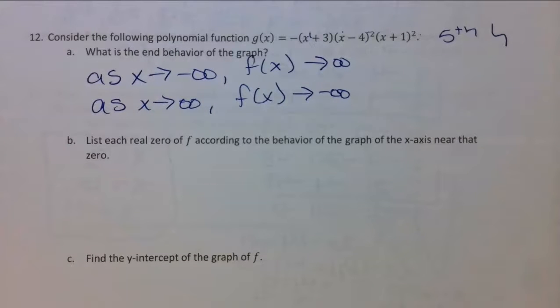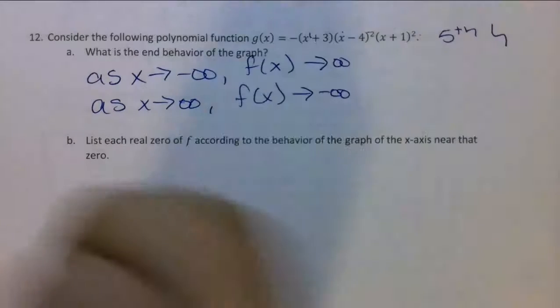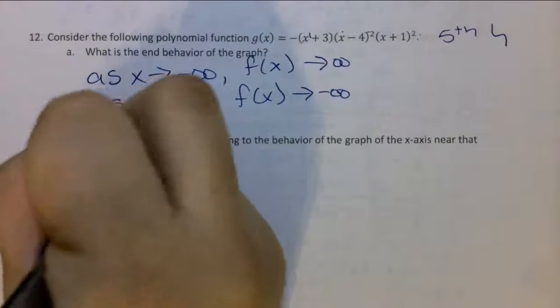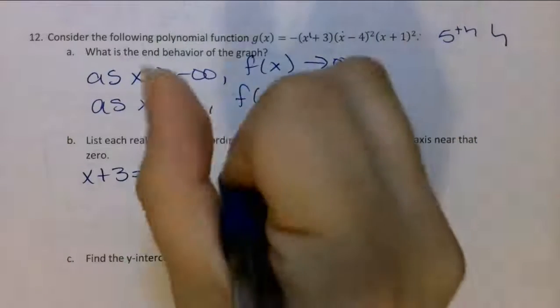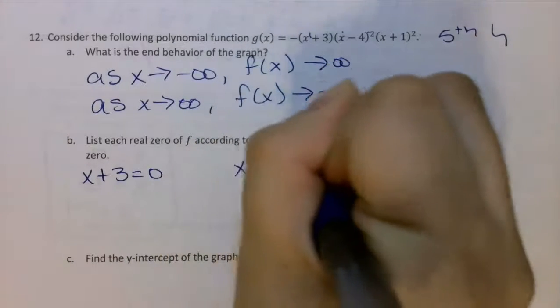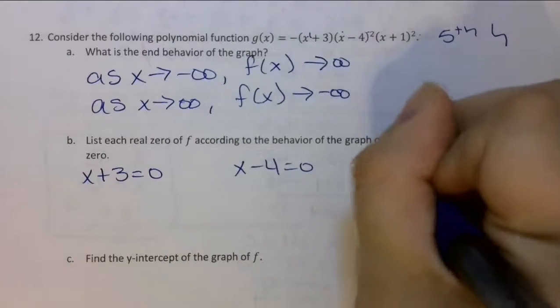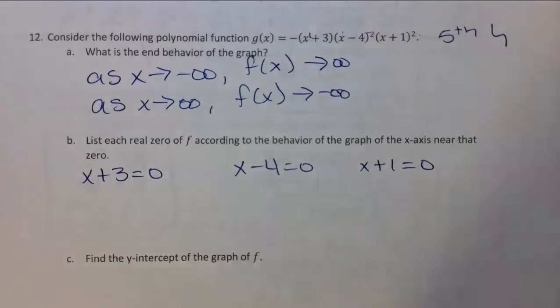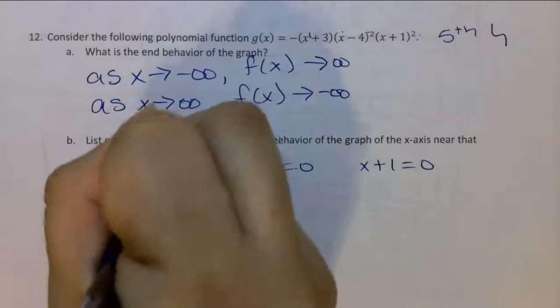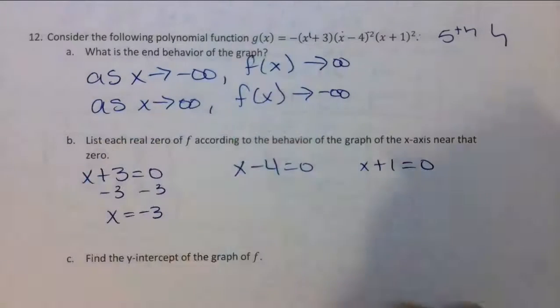It wants me to find each real zero and then say what kind of behavior it has, so goes through or bounces off. I have x plus 3 that I need to solve, x minus 4 that I need to solve, and x plus 1 that I need to solve. So when I subtract 3 on both sides, I get x equals negative 3.